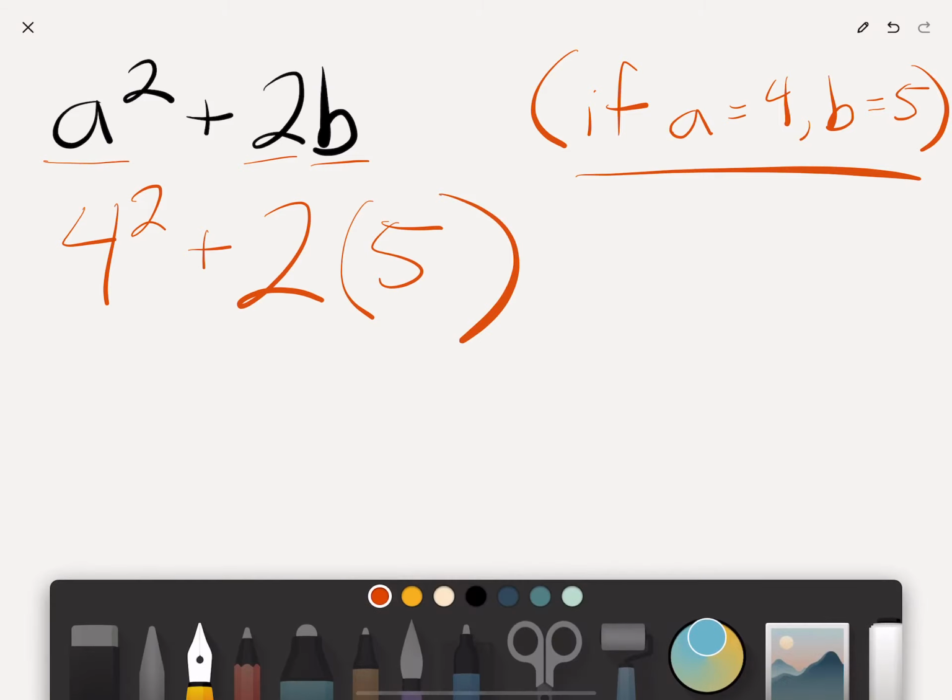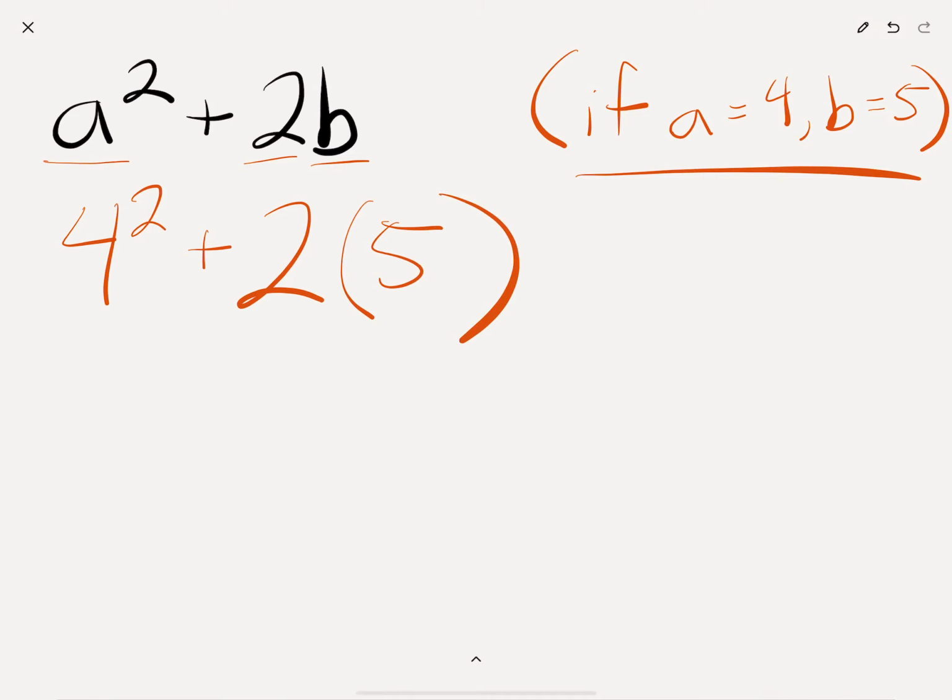If you remember your order of operations, parentheses come first. There are no parentheses here. This parentheses simply stands for multiplication, so there's nothing to do within it. The next step in order of operations is exponents, and we actually do have exponents here. 4 squared, remember, that means 4 times itself 2 times, which is 16.